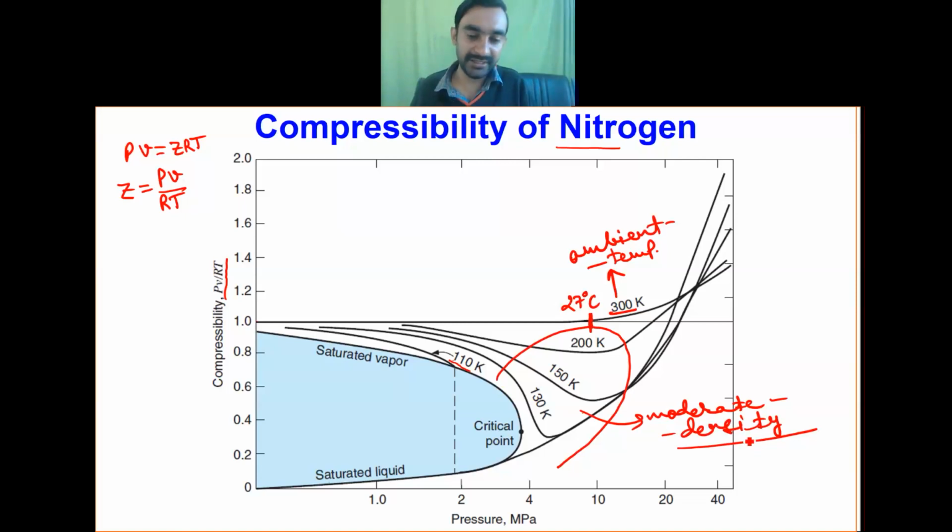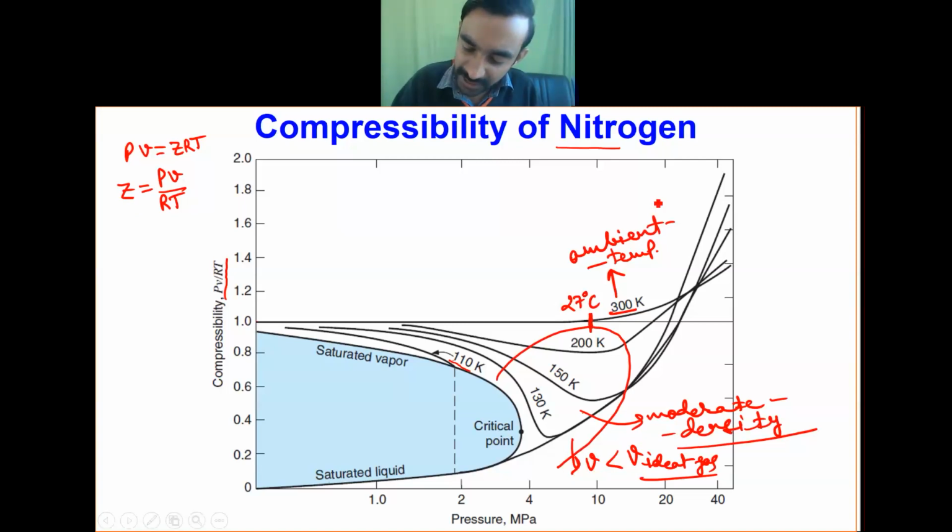Because of that, molecules are at distances such that their attraction forces become prominent. If their attraction forces become prominent, obviously they will occupy less volume in comparison to the volume of ideal gas behavior. If they occupy less volume, the value of the Z factor will be less. In this case, that's why the value of the Z factor is less.